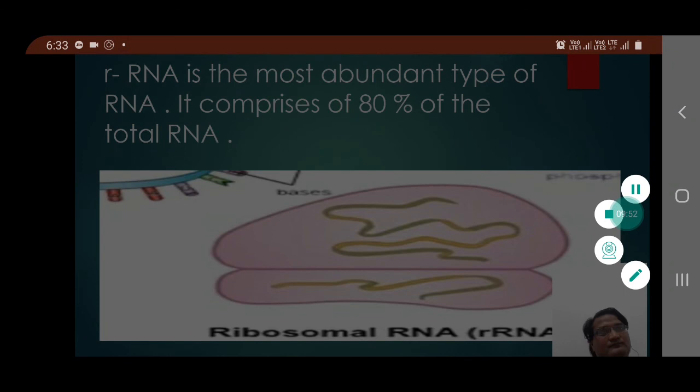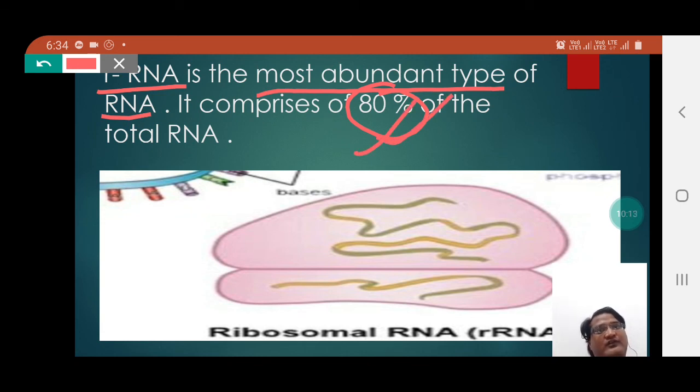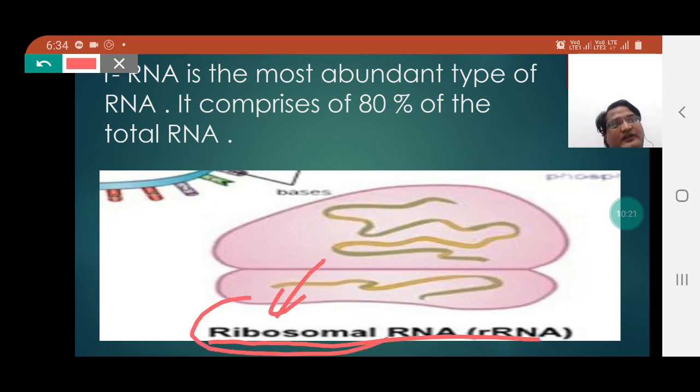Students, rRNA is the most commonly found RNA, and the total percentage in the cell of rRNA is 80%. Students, here you can notice rRNA stands for ribosomal RNA.